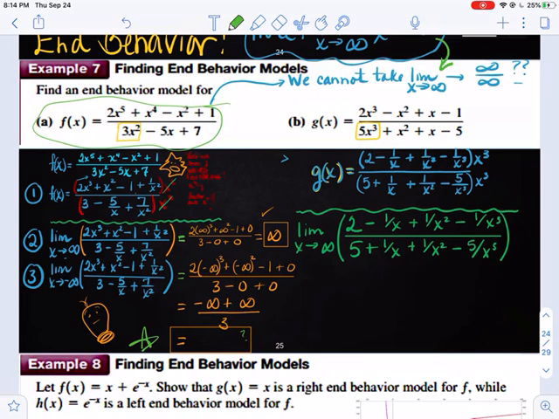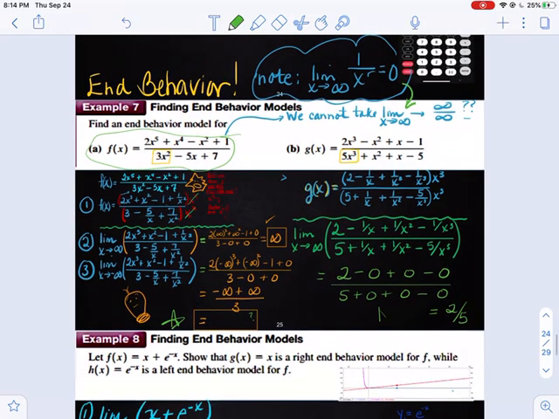So when we plug in infinity here, this is equal to 2 minus 0 plus 0 minus 0 in the numerator, and in the denominator we get 5 plus 0 plus 0 minus 0. So it turns out to be 2/5. So the limit for this one is 2/5. Okay, so the limit of g of x. Now, I'm doing infinity for this one.